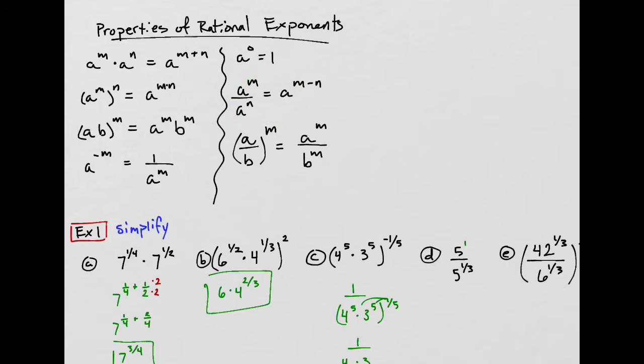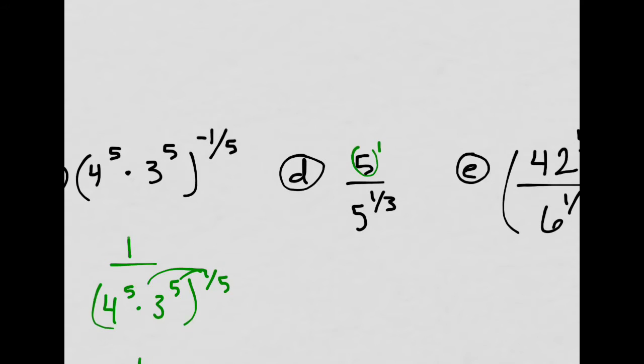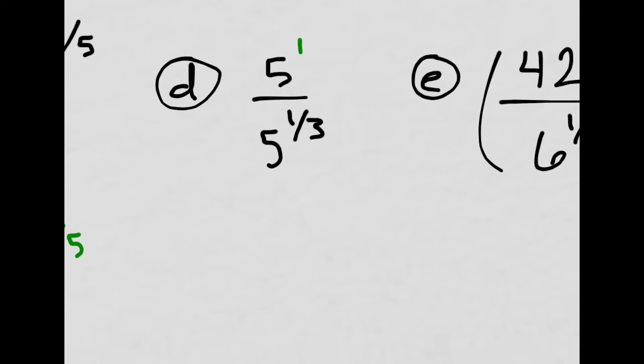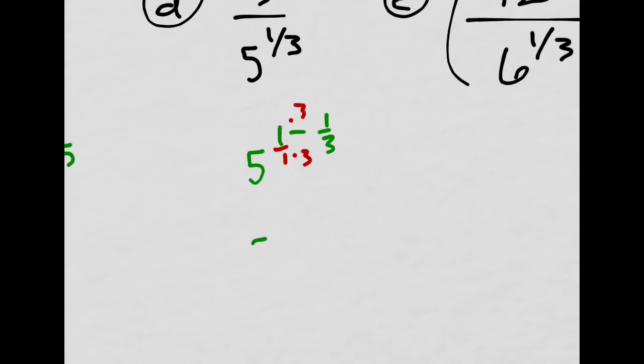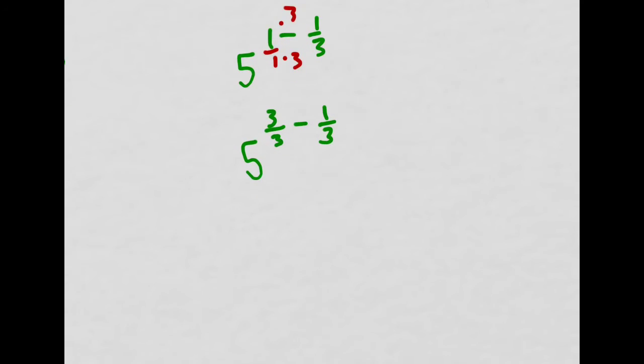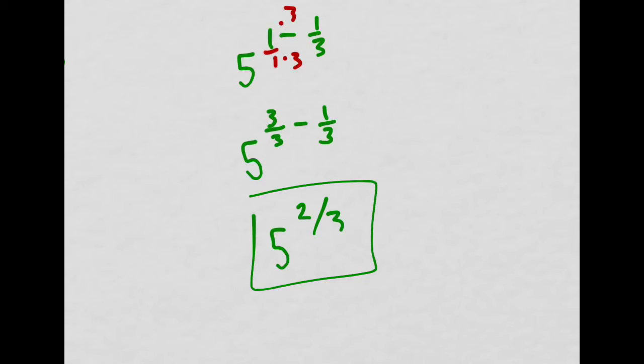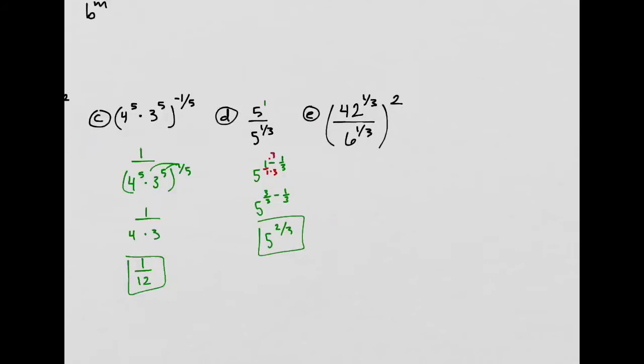I can subtract the exponents because I have the same base. So I'll write the base once, and then I have 1 minus 1/3. I can put this over 1 and get a common denominator. Times 3 times 3. That would be 5 raised to the 3 over 3 minus 1/3. That's just 2 over 3. Again, you can do that in your head. I don't mind if you do that in your head. I feel it will feel easier if you do it in your head.